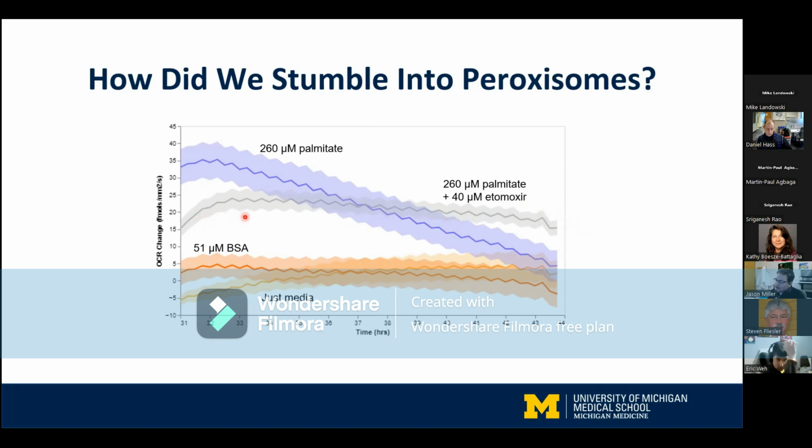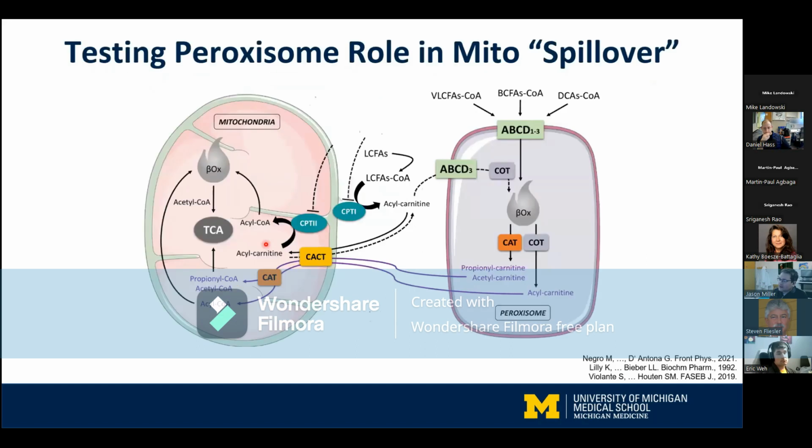So we're really trying now to understand whether this is true, and further, whether peroxisomes act as a sort of escape valve for dysfunctional mitochondria to allow for handling of not just VLC PUFAs and DHA, but also fatty acid substrates that are classically thought to be the confines of the mitochondria, like palmitate and oleate.